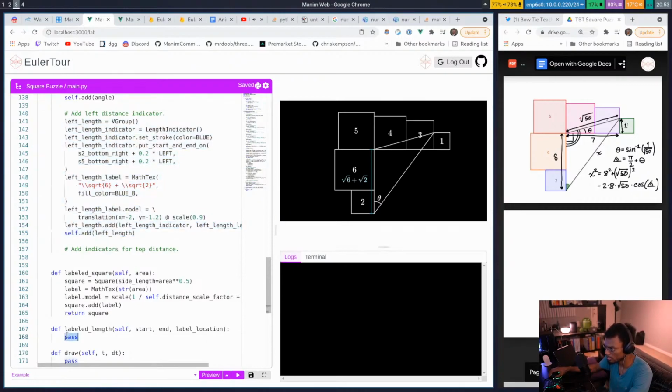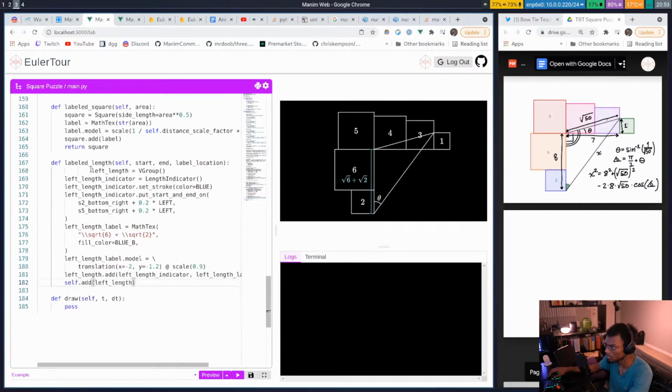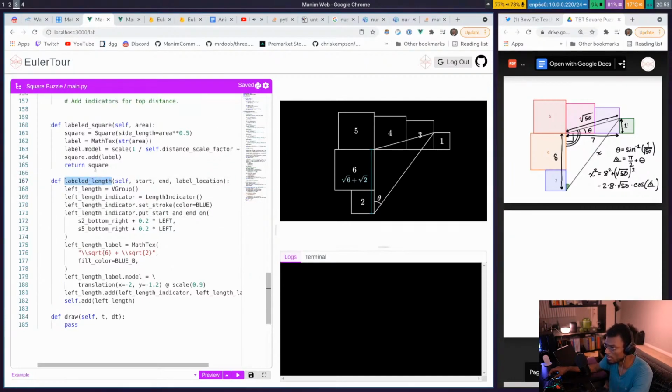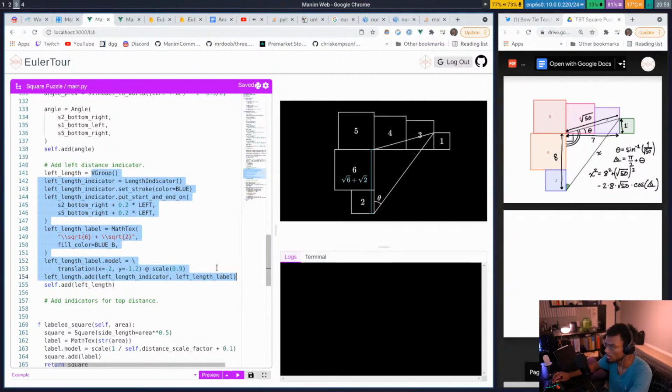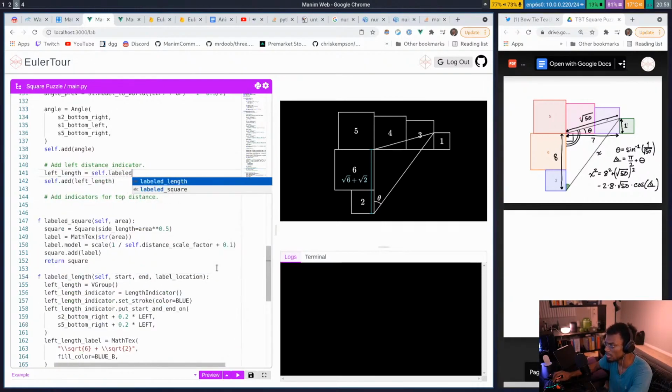So this: left length equals self.labeled_length.